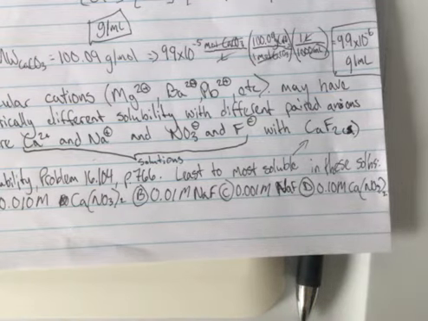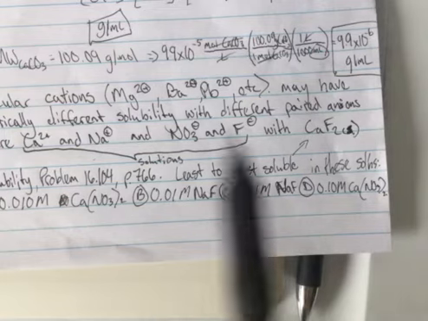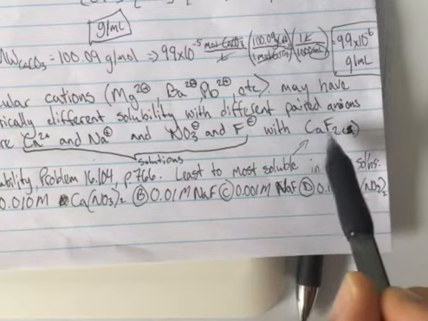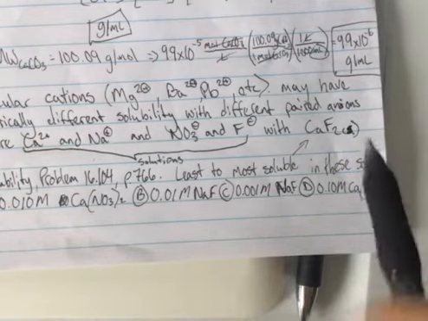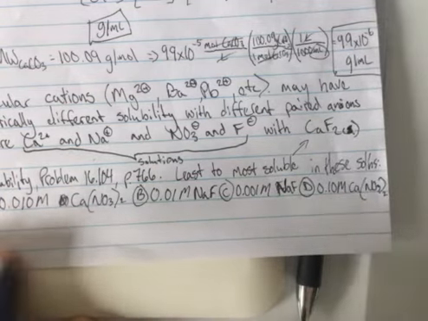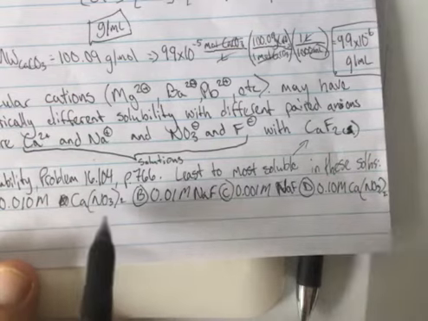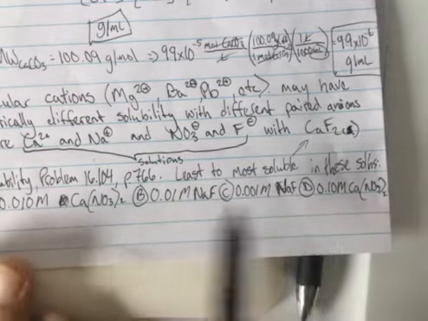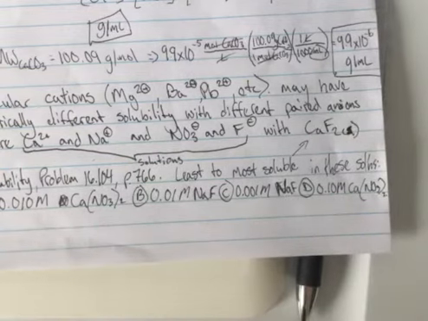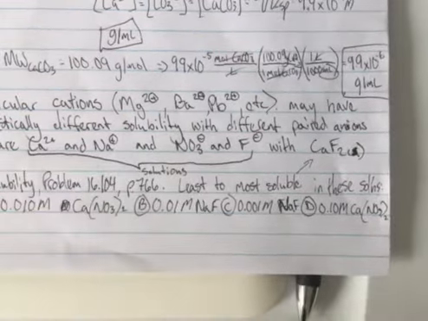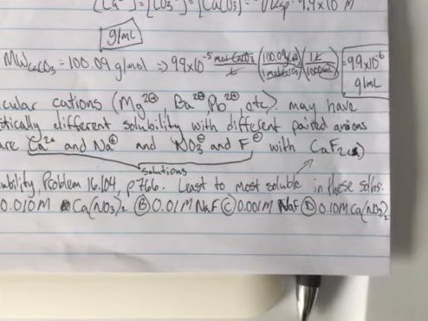So why don't you take a couple of minutes, take a look at the KSP, the solubility of calcium fluoride and some of these other cations and anions that are paired up, and see which one would make things most soluble. Again, think of the common ion effect and Le Chatelier's principle when you do this. So I'll give you a couple minutes for that.